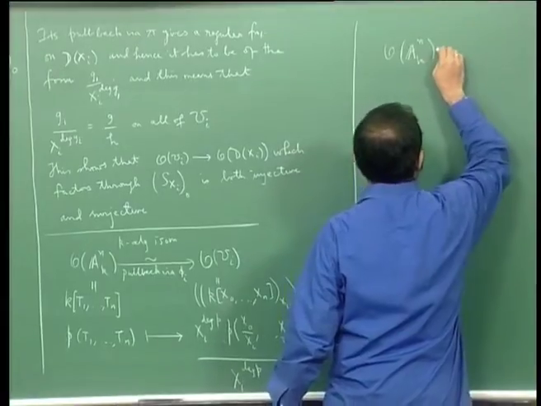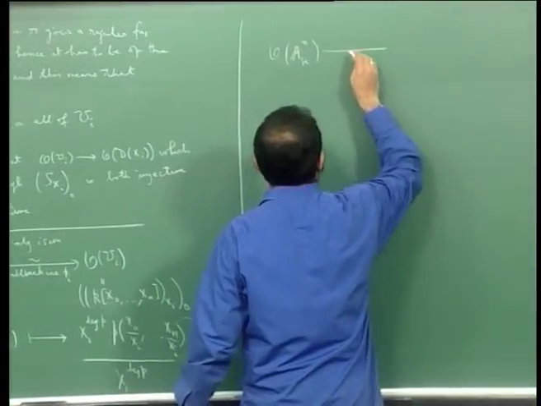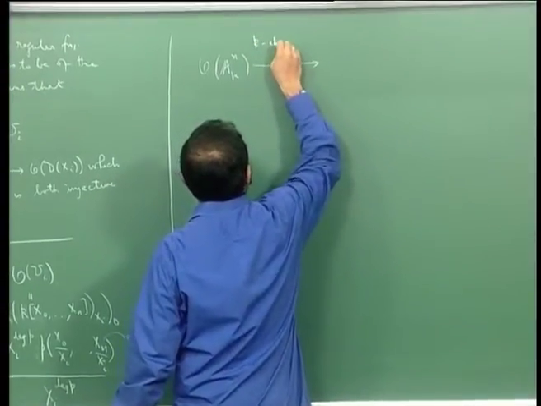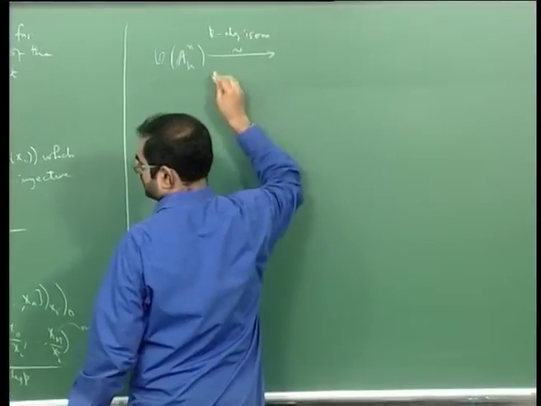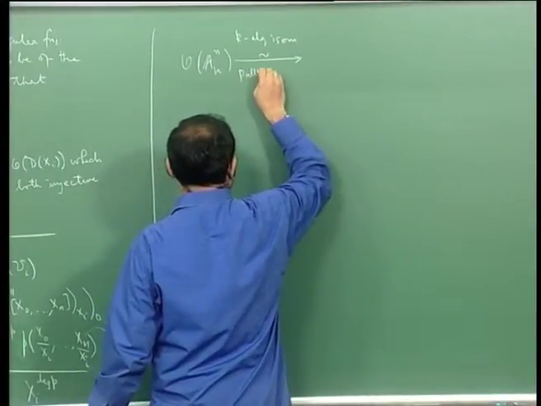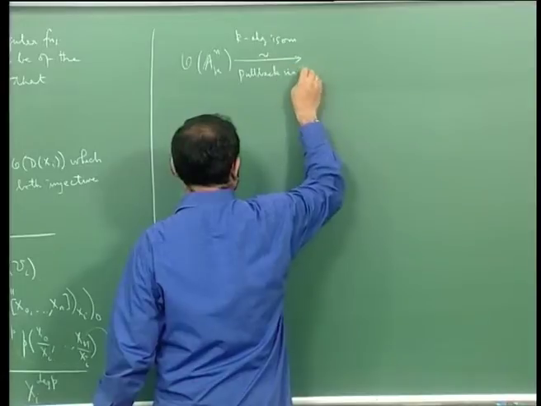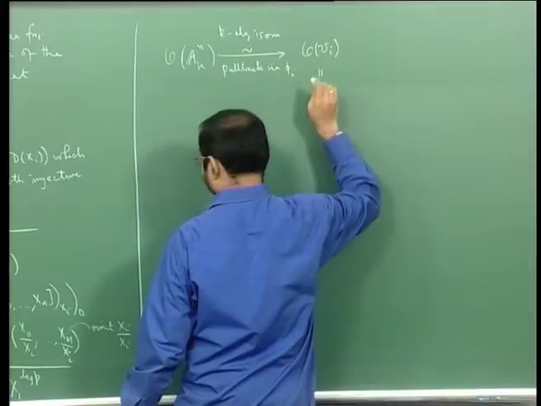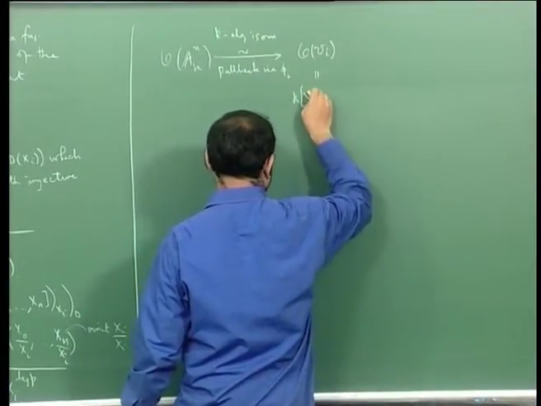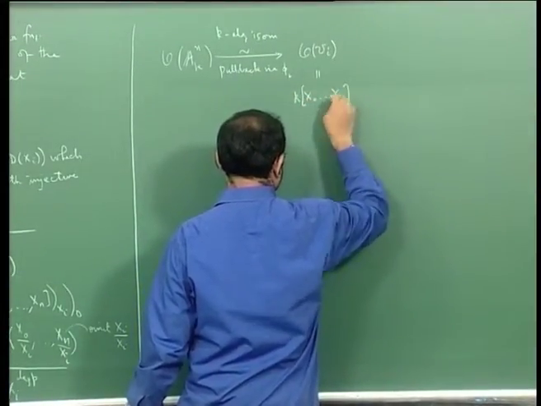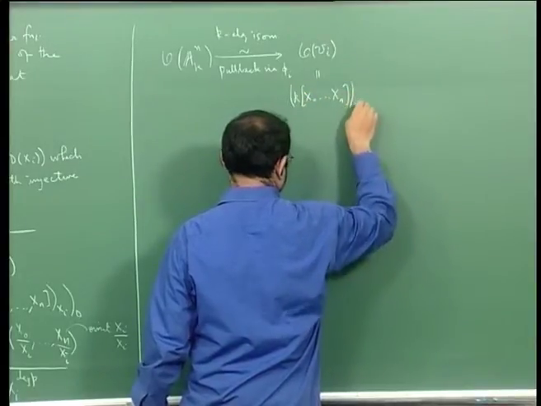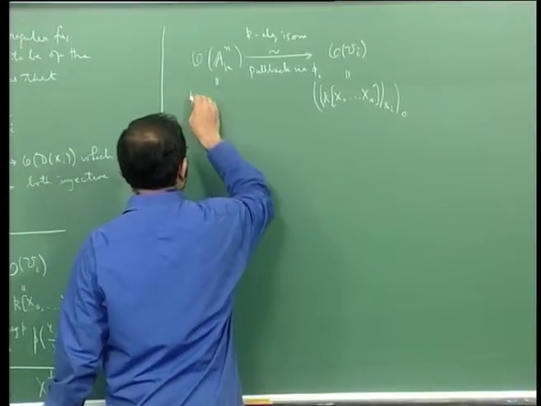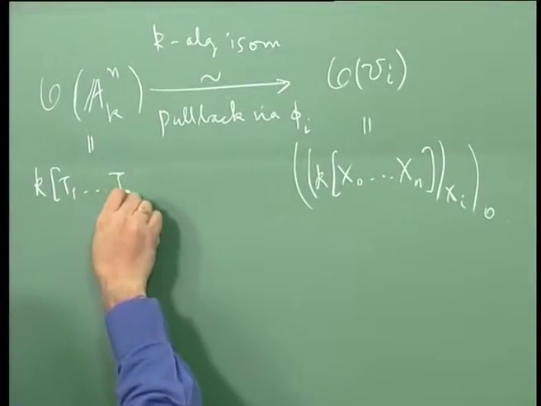So what is the map in this direction? So this is pullback via pi. So I have here k[x0, ..., xn] localized at xi, take the degree 0 part, and here this is k[t1, ..., tn].